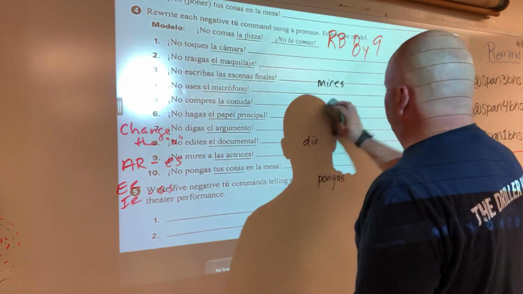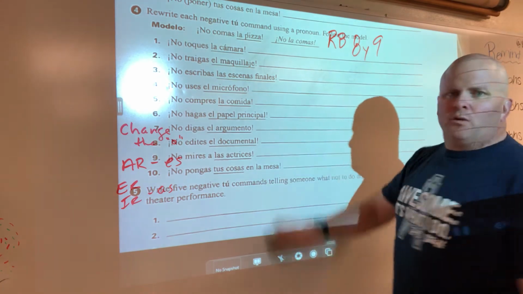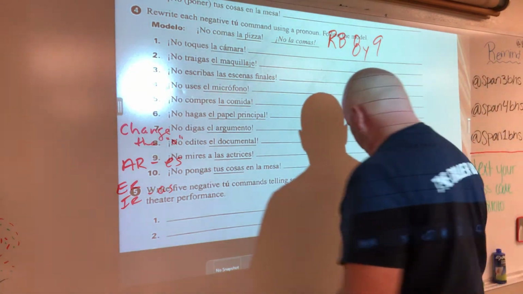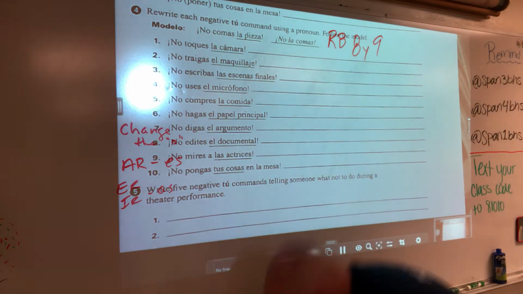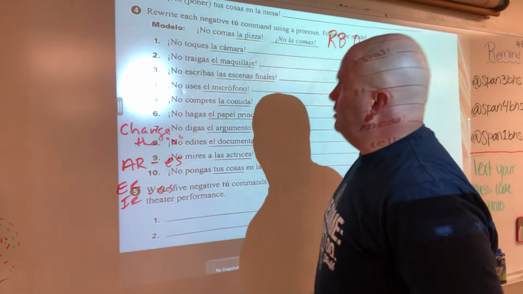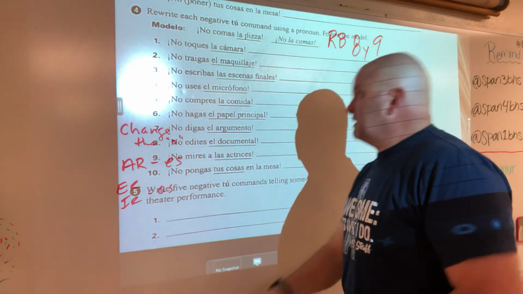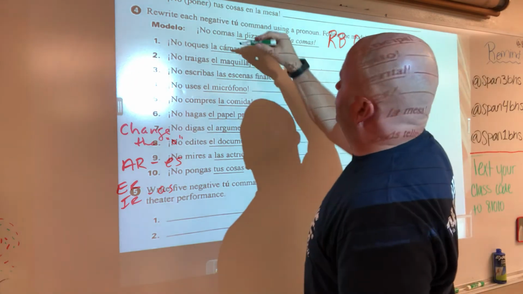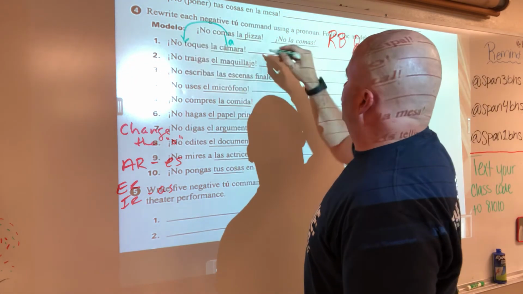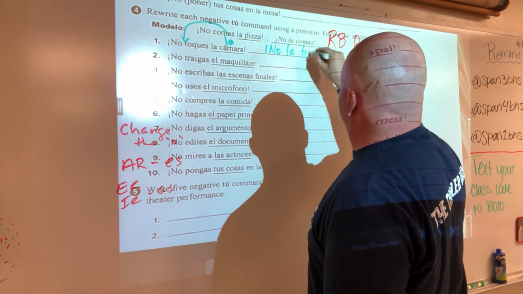They want us to use pronouns here, because when it's affirmative, we attach them, and when it's negative, we move them in front. It says no toques la cámara. We're going to change la cámara to la, but now we have to move it in front. So our new sentence would be no la toques.